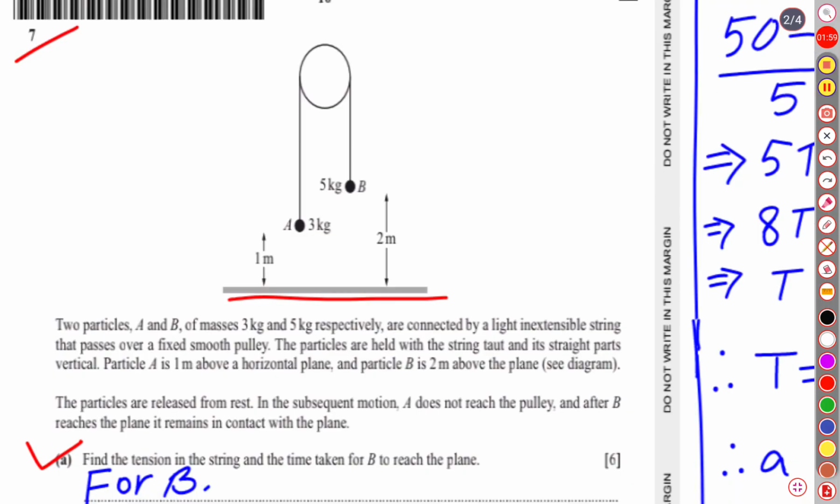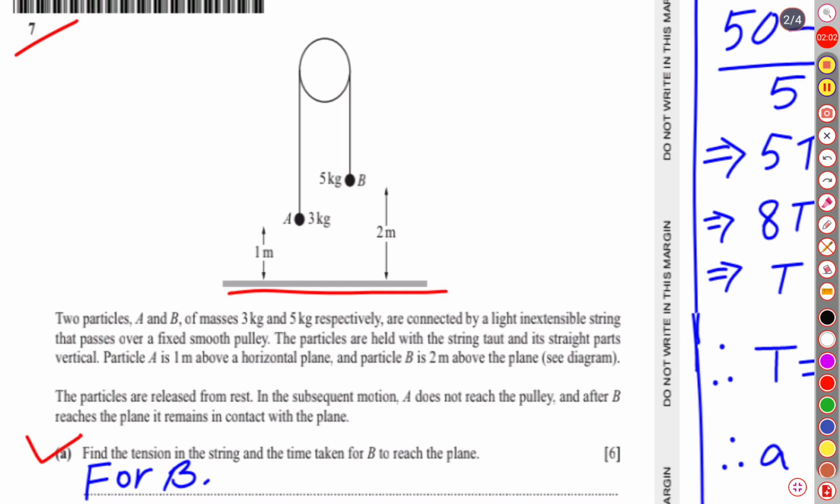Since the question requires two missing values, the tension in the string as well as the time taken, and as there are two values missing, we will have to solve simultaneous equations. Before that, we'll have to form the equations. So for particle A and particle B individually, we will form the equations.